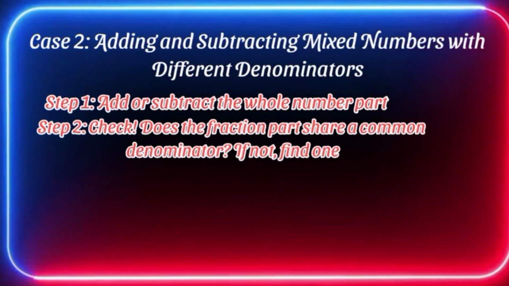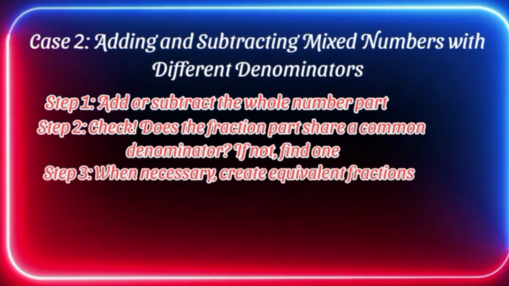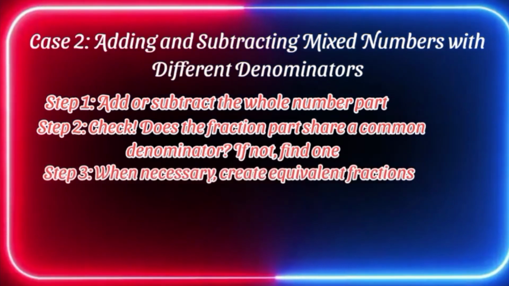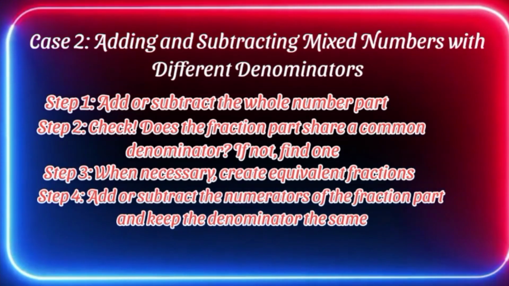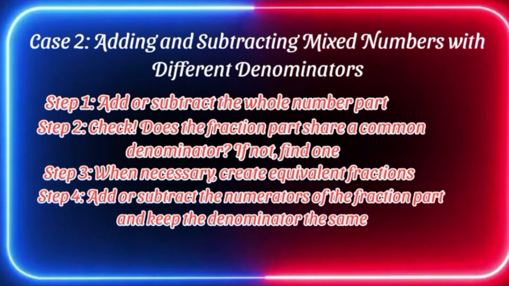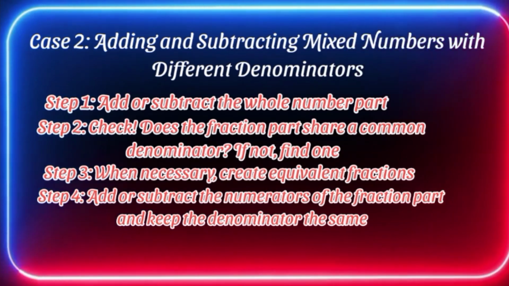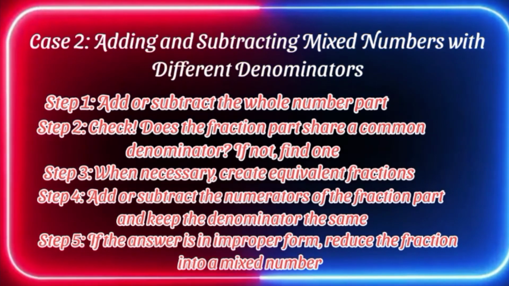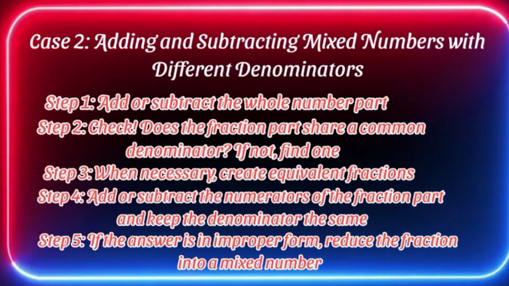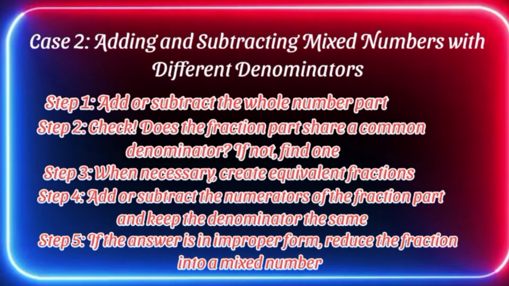If not, find one. Step 3. When necessary, create equivalent fractions. Step 4. Add or subtract the numerators of the fraction part and keep the denominator the same. And step 5. If the answer is improper, reduce the fraction into a mixed number.